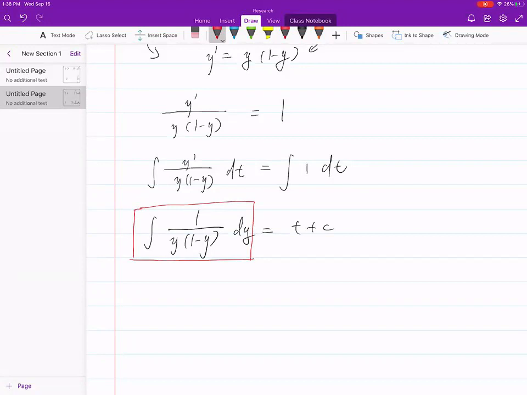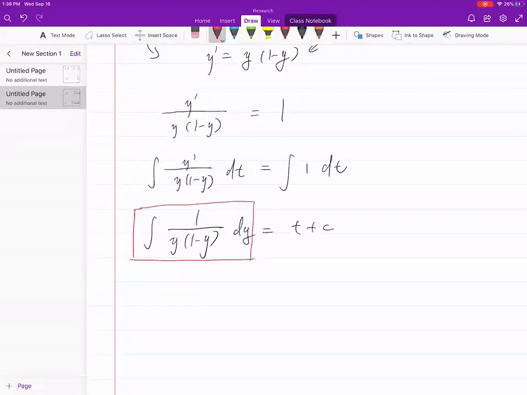Does anybody know how to do it? Calculus 2. Okay. Number one, simple formula. This is not simple, so no formula. Integration by parts. Trigonometric integral. Trigonometric substitution.